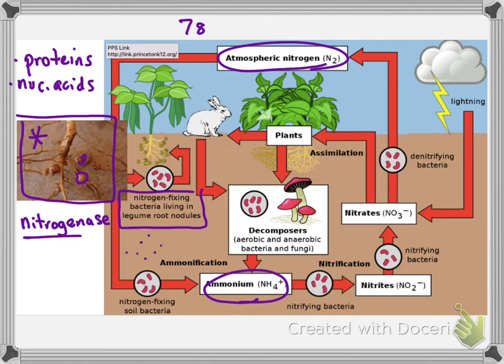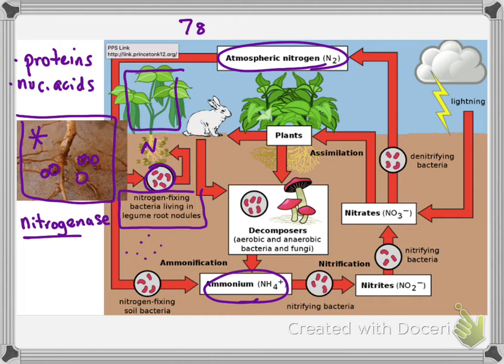And you can again see all these little nodules here, visible as little round lumps on the roots of this cowpea plant. So these nitrogen-fixing bacteria make nitrogen available for the plants to use.